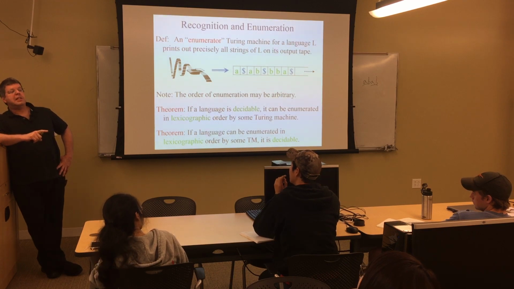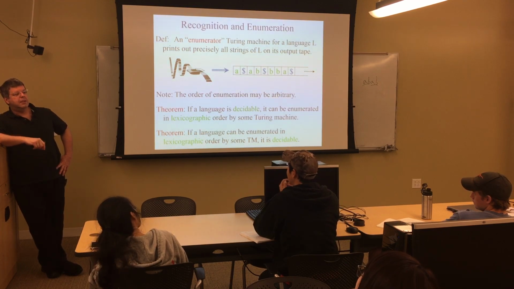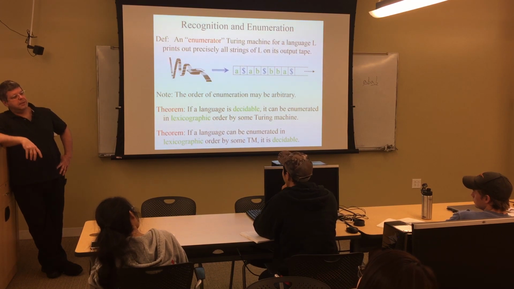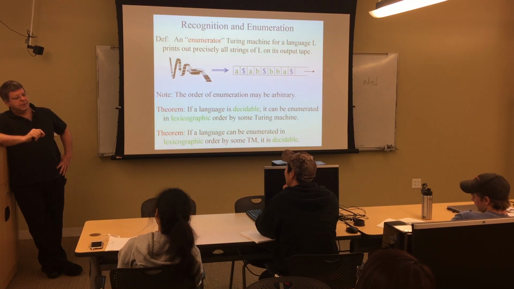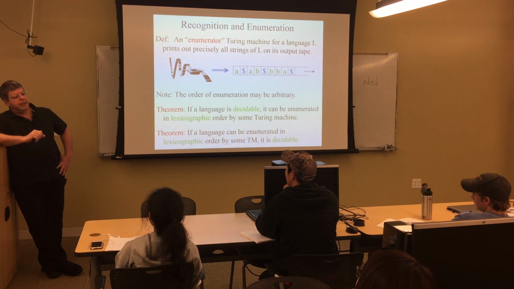It better not store all possible strings, because there are infinitely many of them. How will it do that? We don't care, but it has to be an algorithm. And an algorithm is not magic.